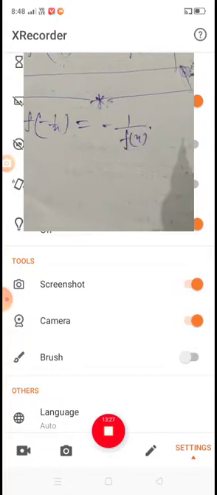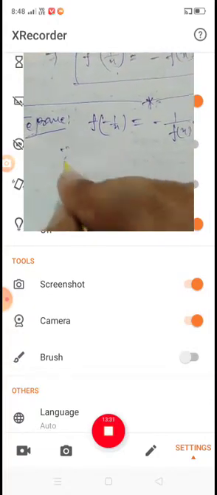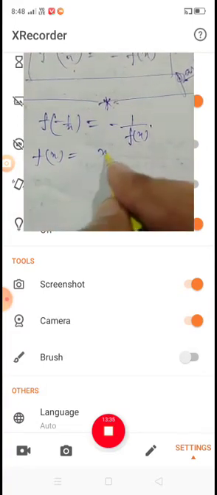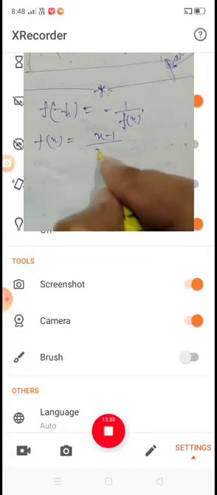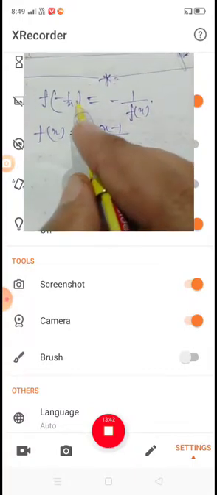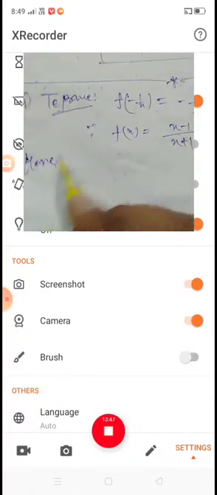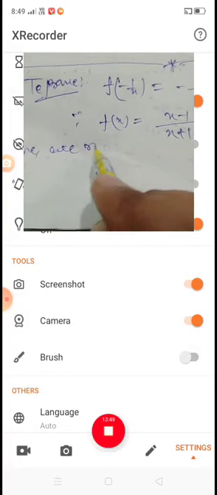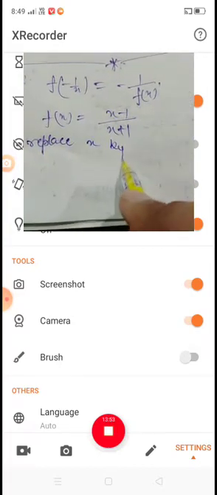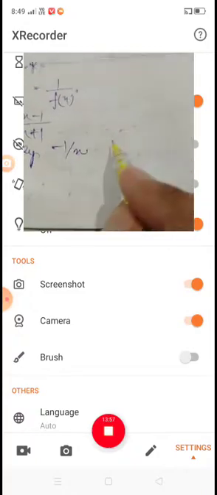Since the function f of x is given by x minus 1 upon x plus 1, we replace x by minus 1 by x.